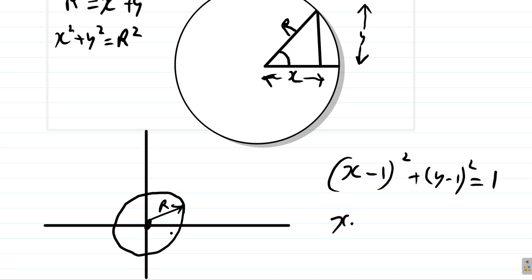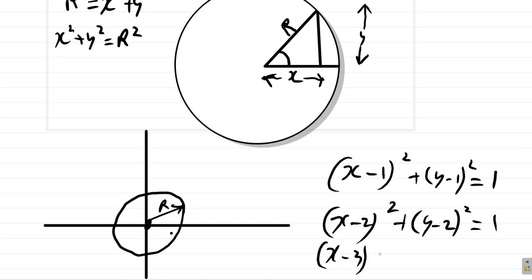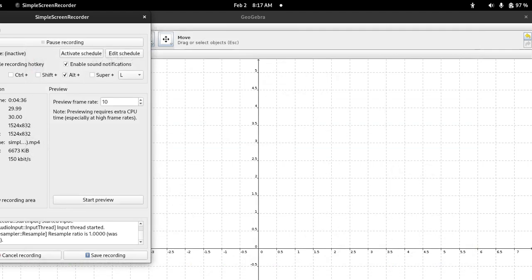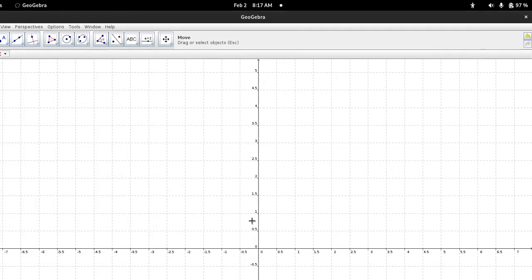We also have x minus 2 squared plus y minus 2 squared equals 1. We also have x minus 3 squared plus y minus 3 squared equals 1. Alright, so let's look at our graph and deal with these. Let's see what these look like.